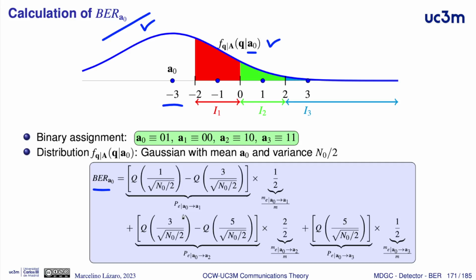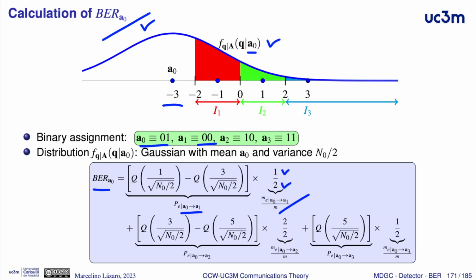First, the probability of transmitting the symbol and deciding A1 times the number of erroneous bits in this decision divided by 2, the number of bits per symbol. If we transmit A0 and we receive A1, we have a single erroneous bit. We have a gray encoding. This is the closer symbol in the constellation, and this is just an erroneous bit in 2 transmitted bits.